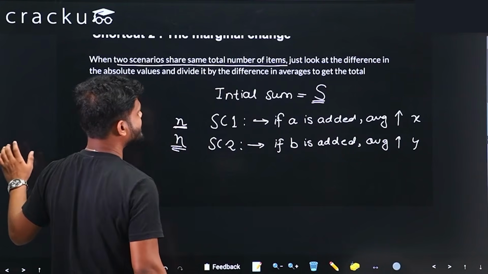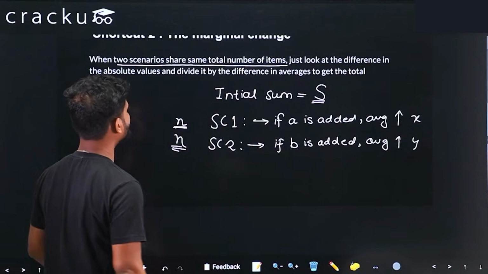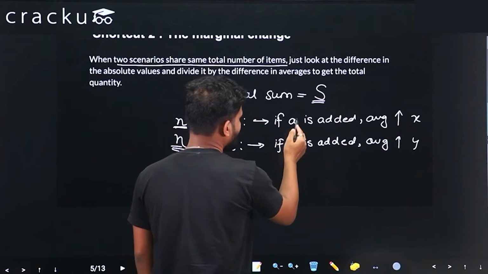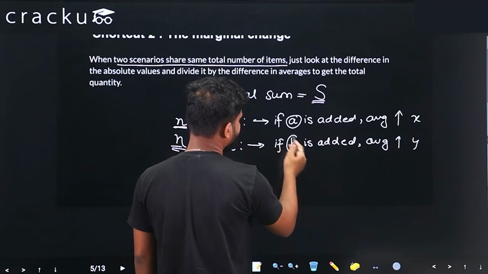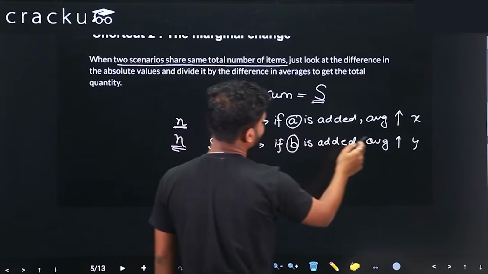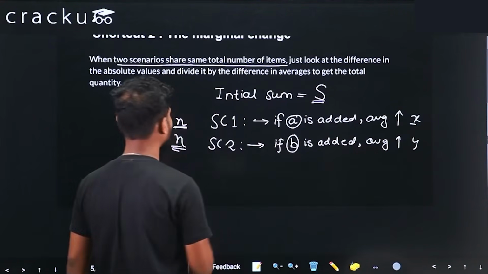So what does it tell? Just look at the difference in the absolute values. What are the absolute values? Here A is added and here B is added, and divided by the difference in the averages to get the total quantity.